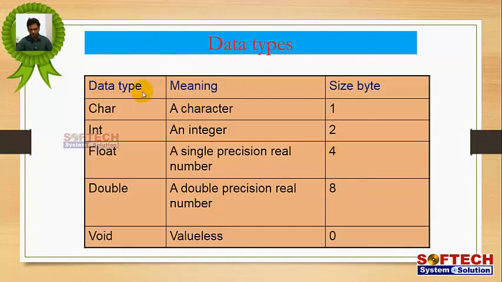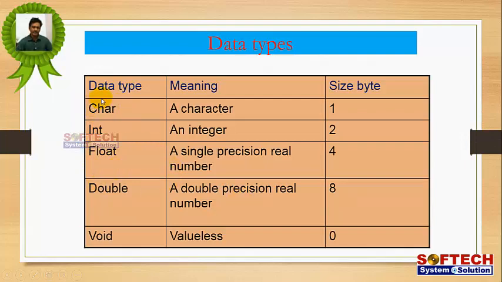Now we discuss the primary data types, because primary data types consist of 5 types. They are also called primitive data types, inbuilt data types: character, integer, float, double, void.